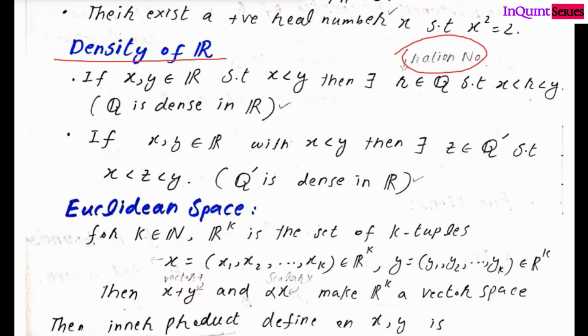Then Q is dense in R. So our Q is dense in R. You can also prove it by taking the closure of Q, that is Q closure is equal to the set of real numbers. Similarly, the set of irrational numbers is also dense in R.